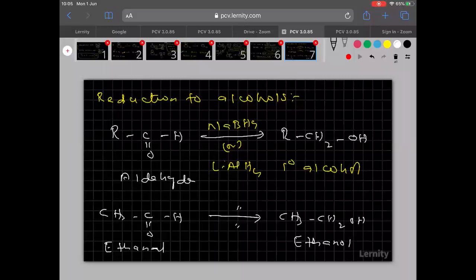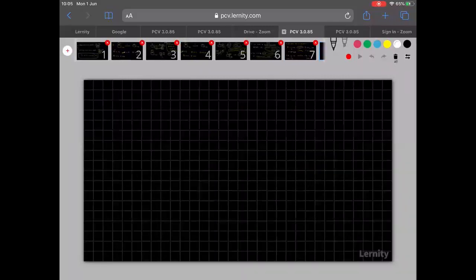Then what about the ketones? That we are going to see in the next slide. Now see clearly, coming to the point of ketones. Ketones undergo reduction with lithium aluminum hydride. In case of ketones, we have to use a strong reducing agent only.